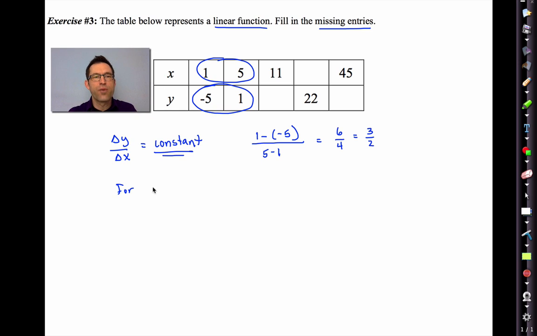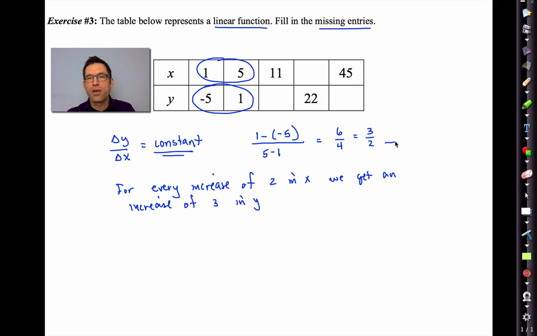What it says is that for every increase of 2 in x, we get an increase of 3 in y. Well, let's just take a look here. x goes up by 6. So what's y going to go up by?